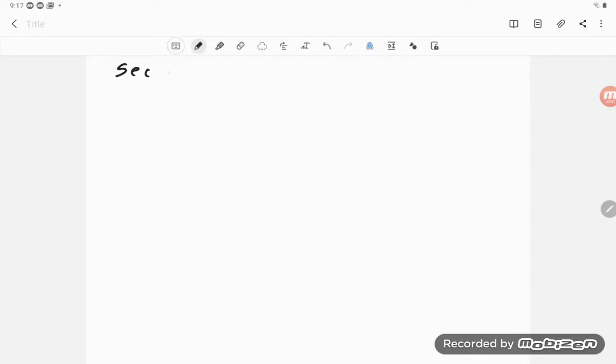Okay, here's section 3.4, and we are just looking at theorem 3.4.1.